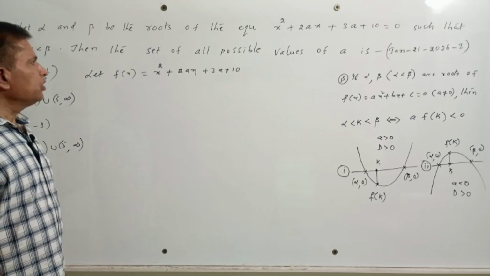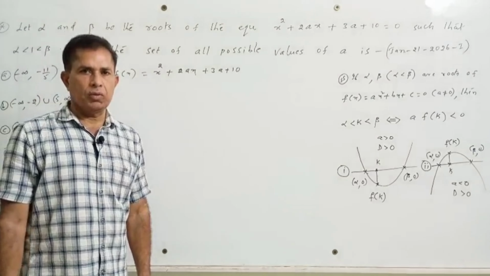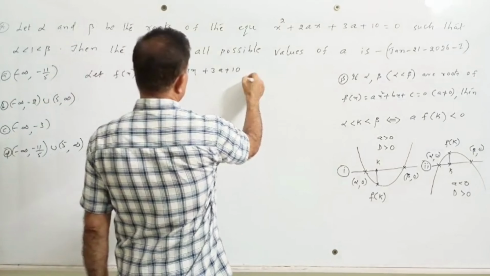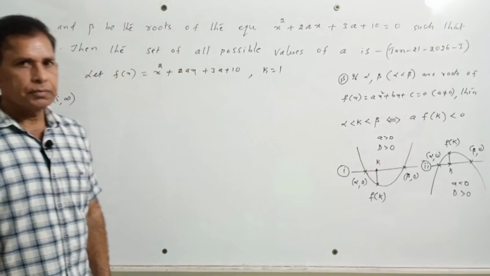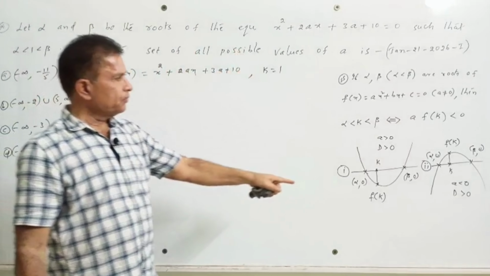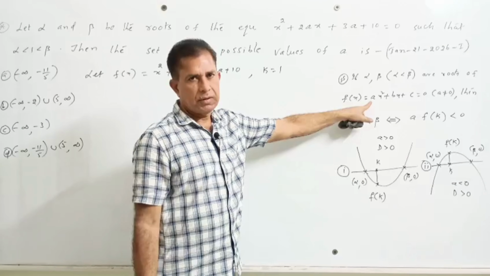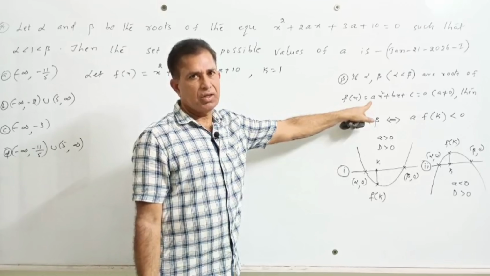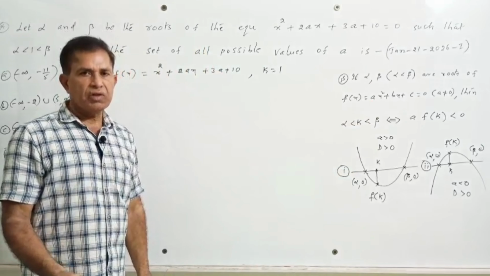So we have to find the range of the parameter a when 1 lies in between the roots. That means k is equal to 1. The parameter is given as a, and in the formula I told you the coefficient of x square is a. So there is a clash in the unknowns. The coefficient of x square I am representing with a dash.